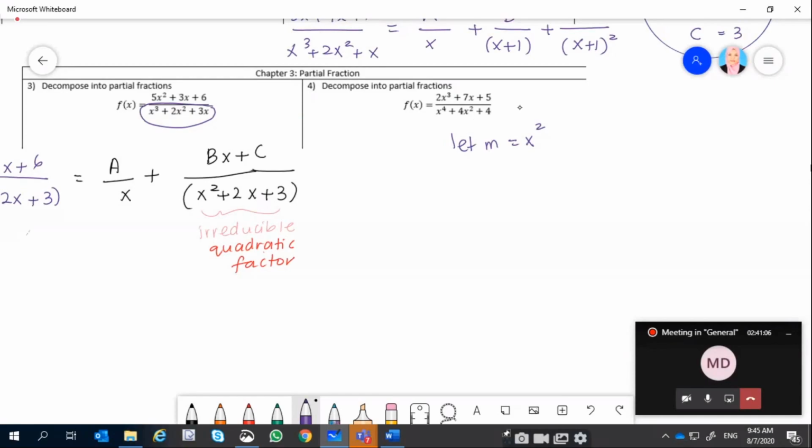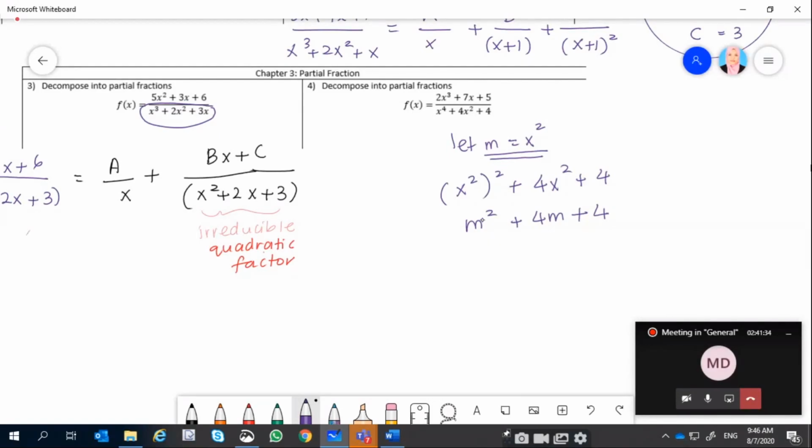Since you know x power 4 is equivalent to x squared squared, plus 4x squared plus 4, then substitute x squared with m: m squared plus 4m plus 4. Now you have a quadratic expression in terms of m.